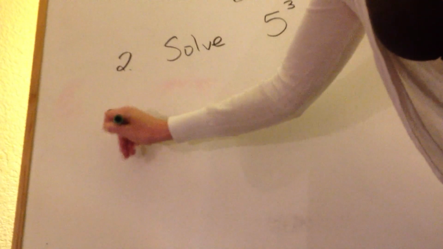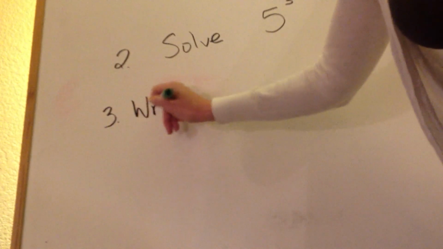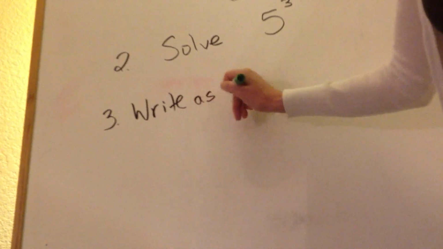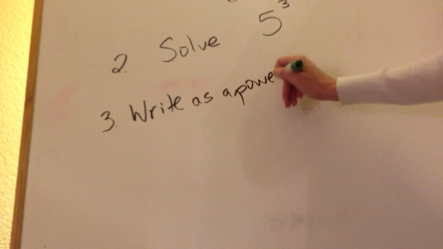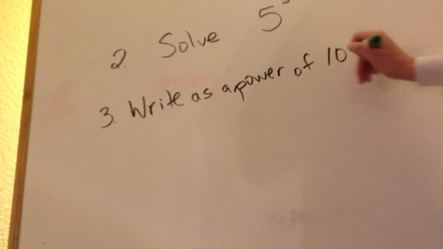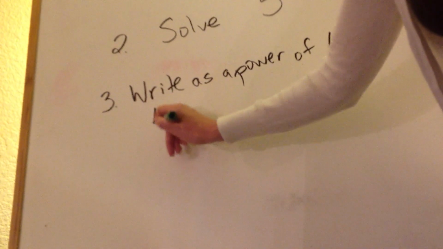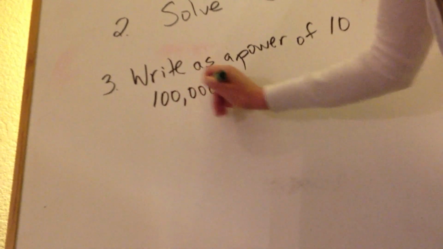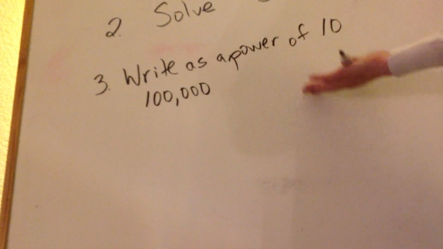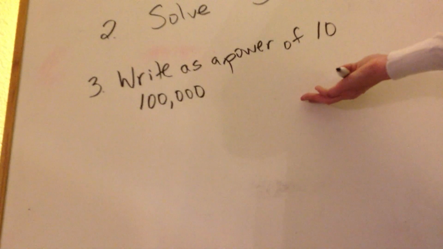Then I want you to write this as a power of 10. I want you to teach them how to write this number as a power of 10, and then write it on paper, and then you correct it.